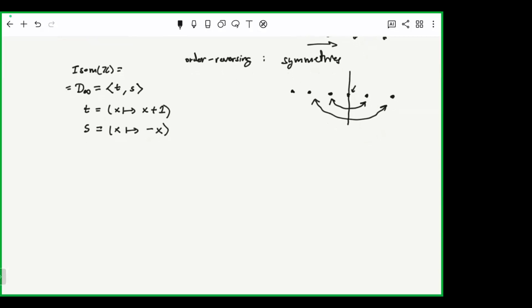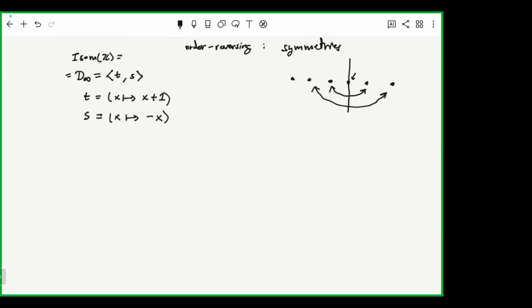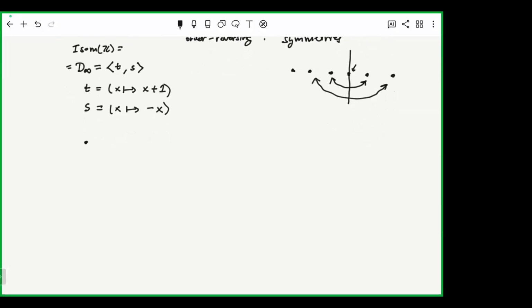With these two generators, you can draw the Cayley graph. You can believe me or not, the Cayley graph looks something like this. If you draw it, there is a row of isometries that are connected by translations.